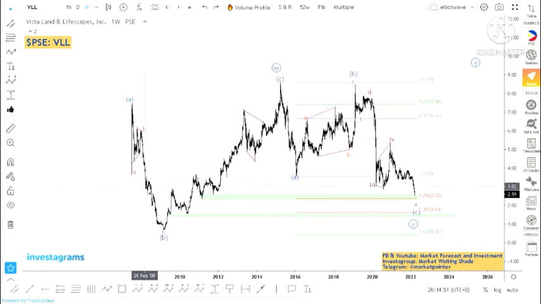Each bigger wave formation is composed of these firstly labeled microwaves. As you can see, our wave W is formed by three bigger ABC wave structures, while our wave X is also an ABC, and once completed will be heading for wave Y.